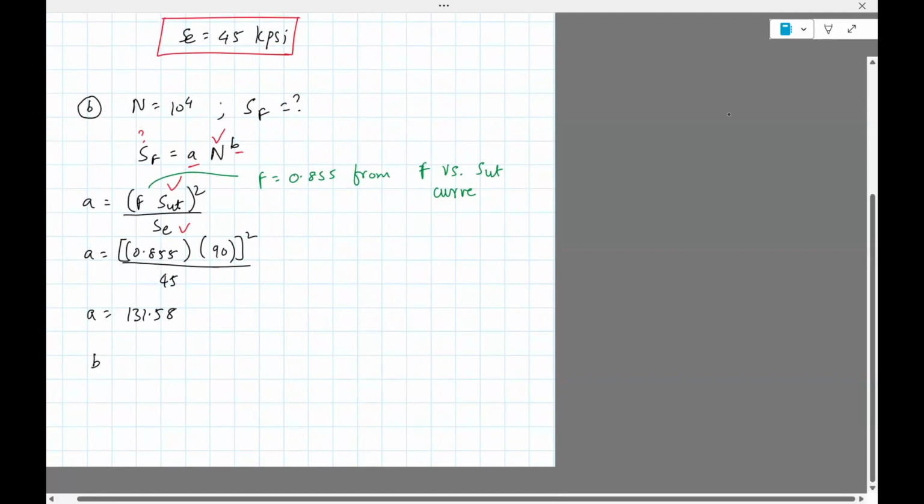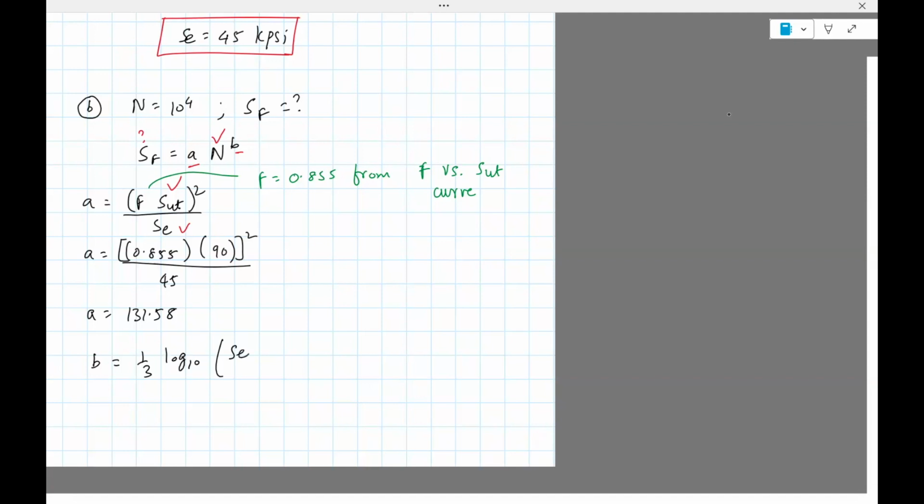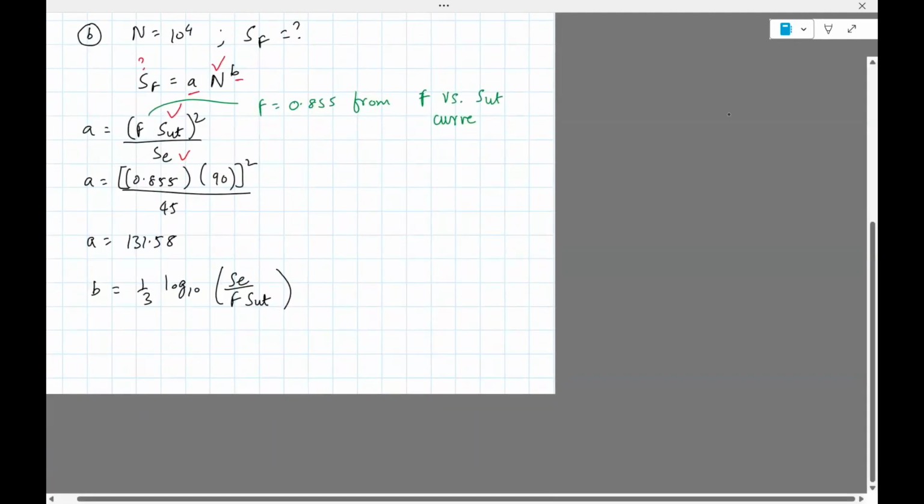Next we compute B. B is 1/3 log to the base 10 of SE divided by F SUT.